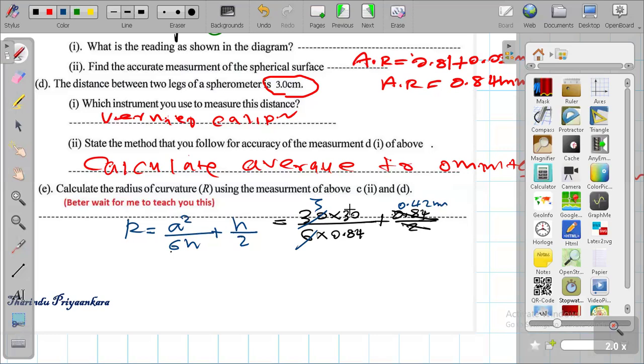How many 0.3s are there? 100 of these things, and it's like 14 such things.